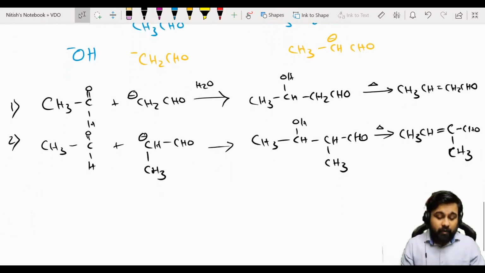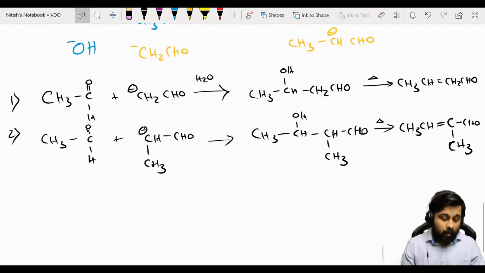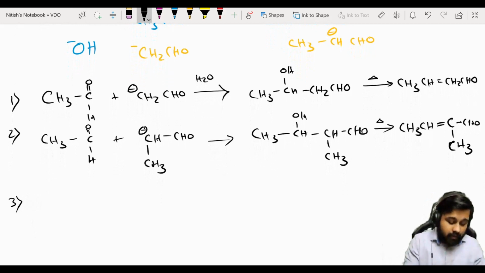Similarly, both the nucleophiles can also attack propanal. So product 3 will be when your aldehyde is CH3CH2CHO, and it is attacked by this nucleophile.